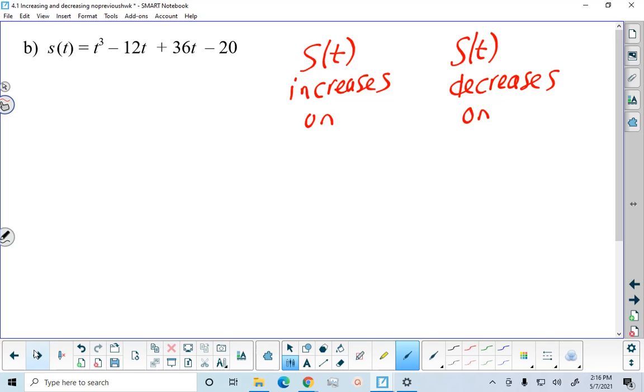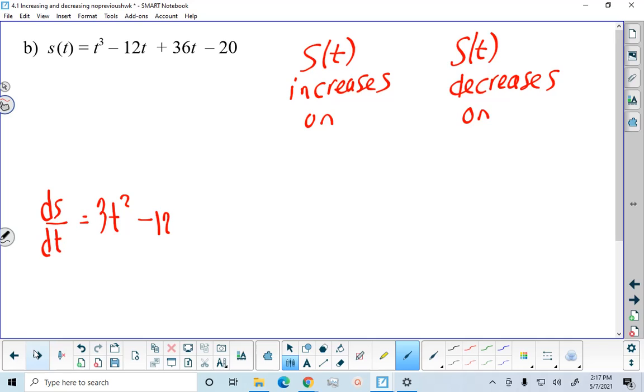We use the word on for an interval. So I'm just kind of setting this up. There's going to be something else we write here. s of t increases on what intervals, and s of t decreases on what intervals. In order for us to answer that question, you need to do a first derivative chart, which is what I'm going to call it from now on.